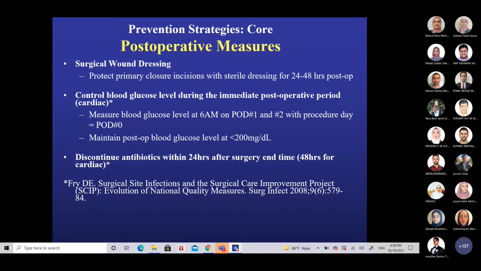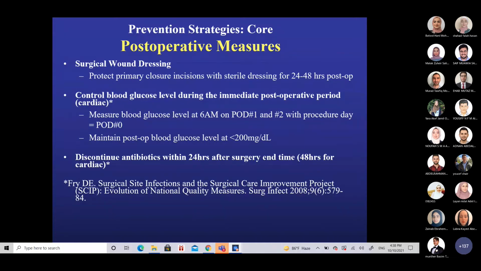This is one of the most important fields that has had debate and research over the past years: blood sugar control. At first we discovered that blood sugar control improved the outcome and decreased the risk of infection, so we aimed at decreasing blood sugar aggressively. We did what was called tight blood sugar control, aiming at normal glycemia.